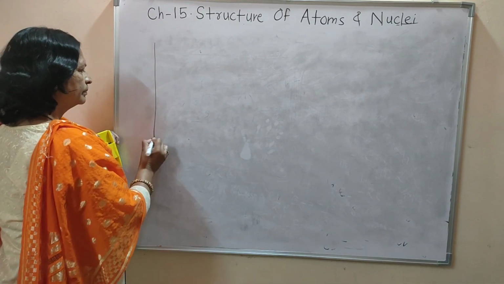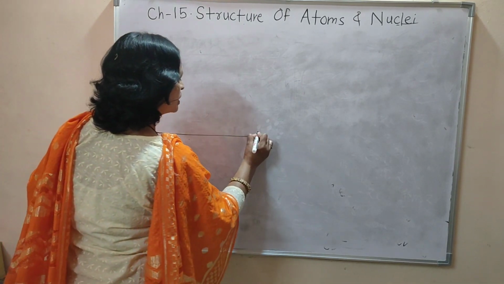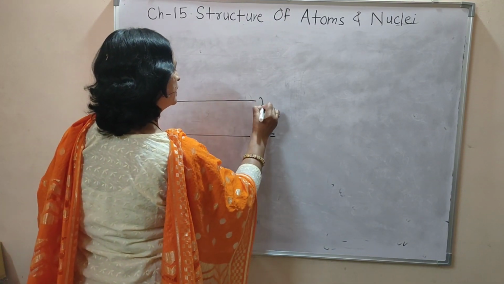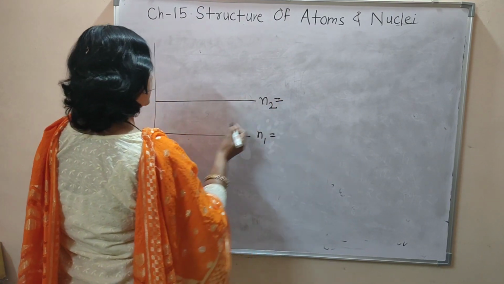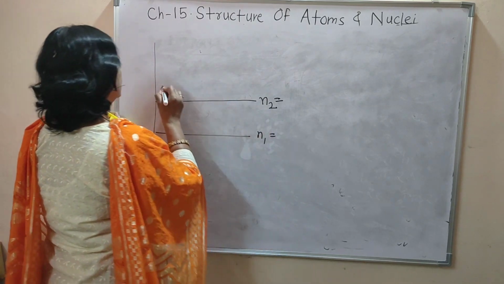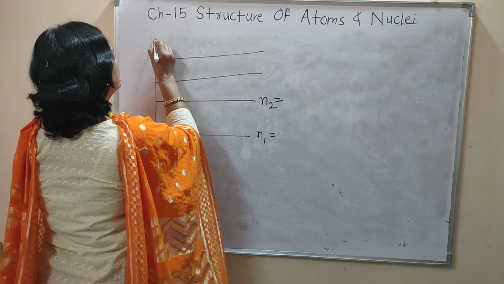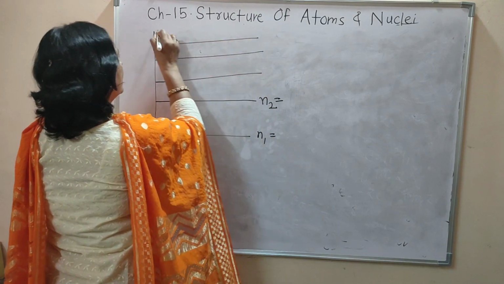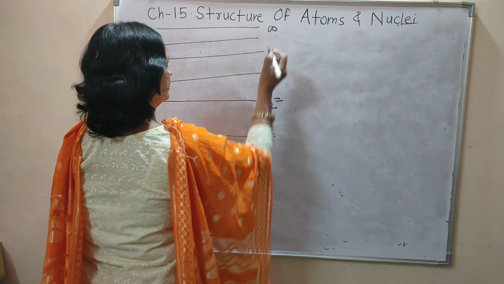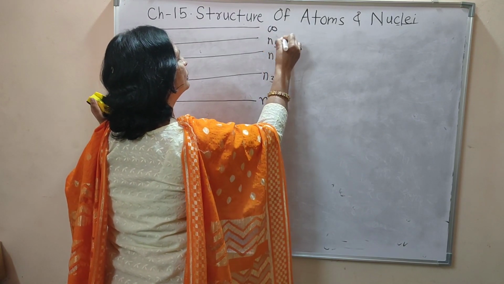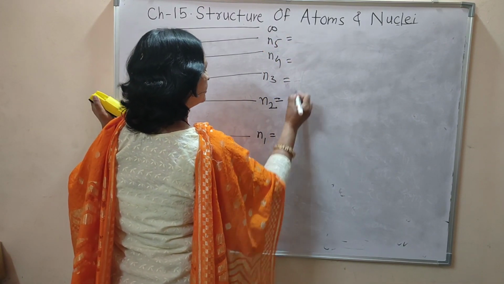Now suppose this is the ground state n1, then this is the second orbit, third orbit, fourth orbit, fifth orbit and the infinity orbit, n3, n4, n5. Okay.